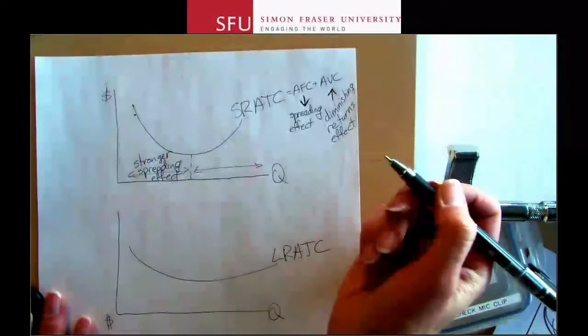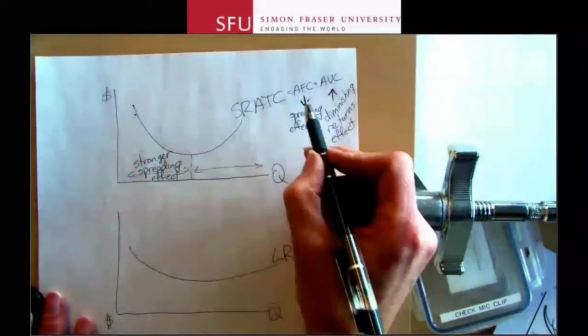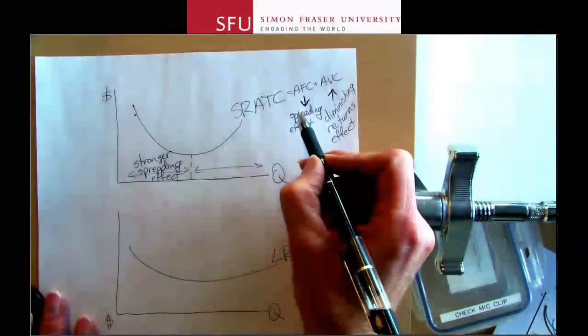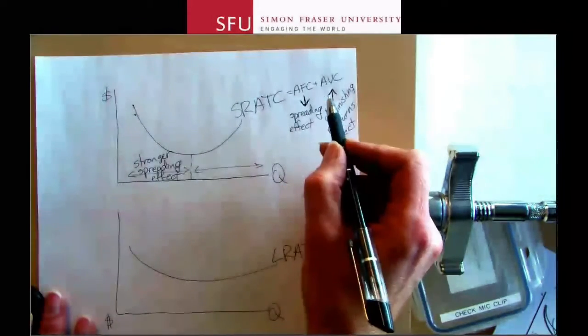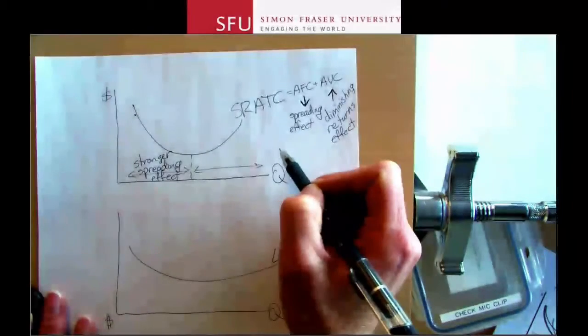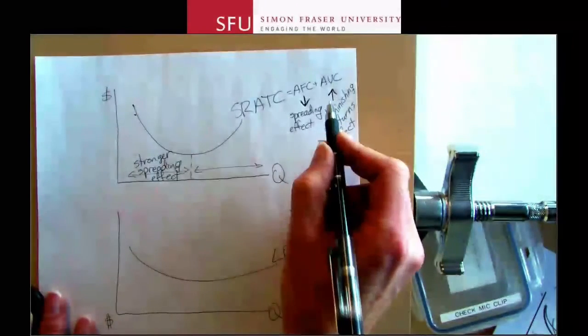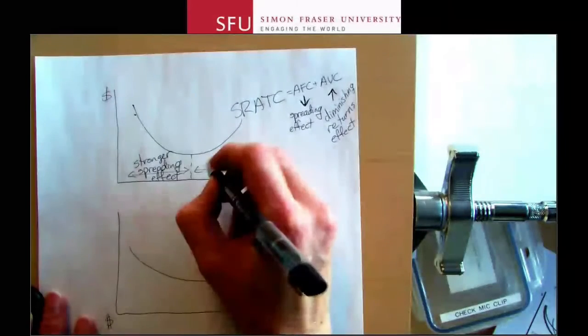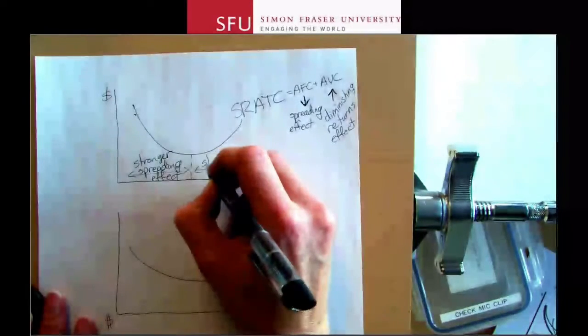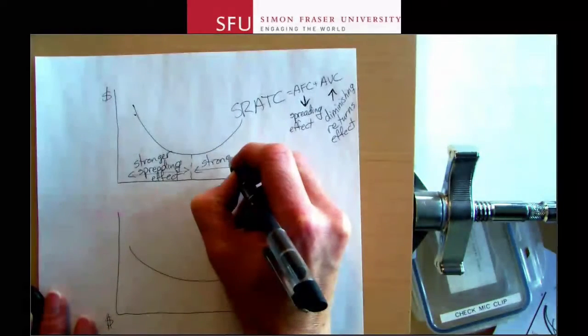So stronger spreading effect, meaning that the down change of the average fixed cost outweighs the up change of the average variable cost. And then over here it becomes the opposite. This up change is more significant than the down change. So then here we have a stronger diminishing returns effect.